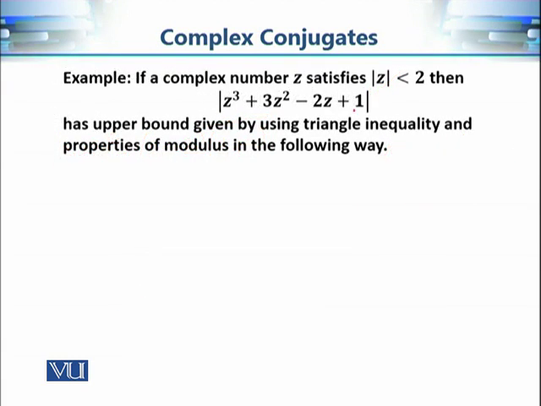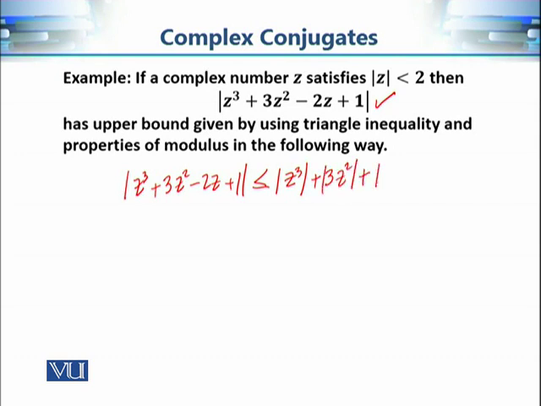Now using this inequality, we can calculate an upper bound on this complex number in the following way. The modulus of z cube plus 3z square minus 2z plus 1 is less than or equal to the modulus of z cube plus 3 times the modulus of z square plus 2 times the modulus of z plus 1.